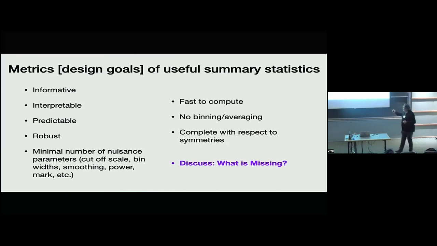You might have some theoretical biases of what the symmetries of your problem are, the symmetries of the theory underlying it, and ideally your statistics will also respect that. The other part that's important to me is that it should have a minimal number of nuisance parameters. There shouldn't be many smoothing scales, parameters, choices of bin widths or bin sizes.